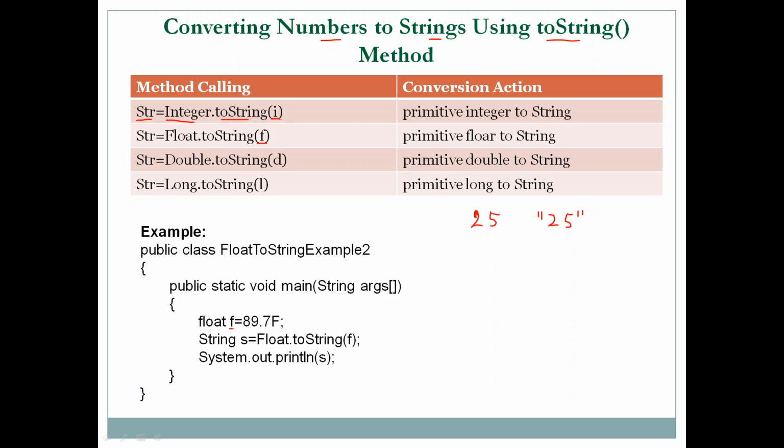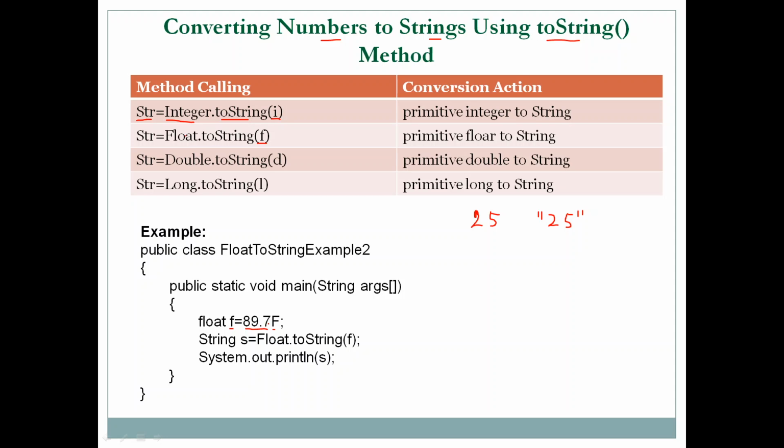This is a primitive float which has the value 89.7f. F represents float. If I remove the f, 89.7 is considered a double precision number, and a double precision number cannot be stored in a float, remember, and that is the reason we have added f at the end. This we have studied in the earlier session also.